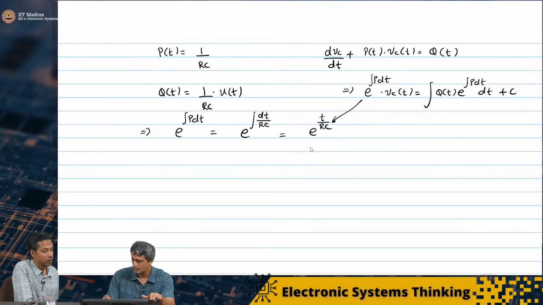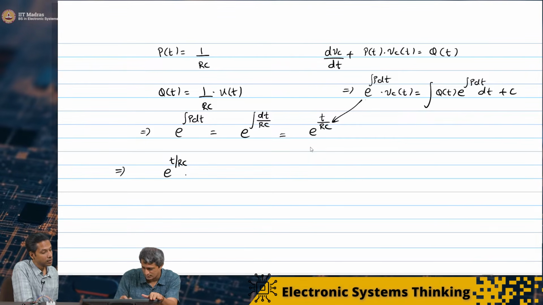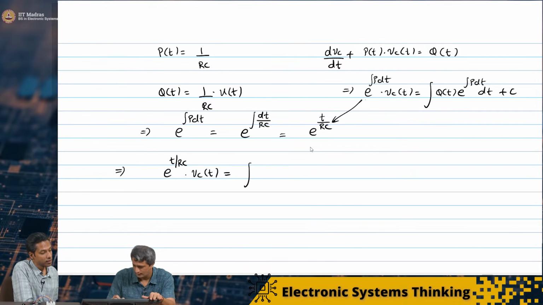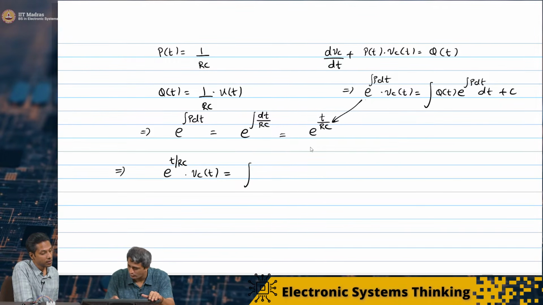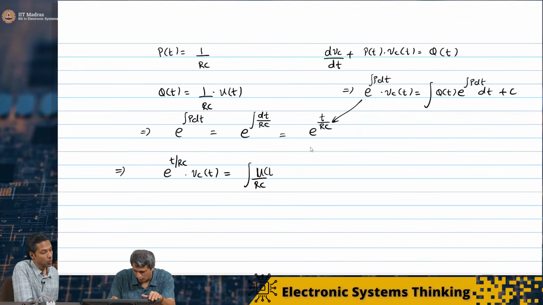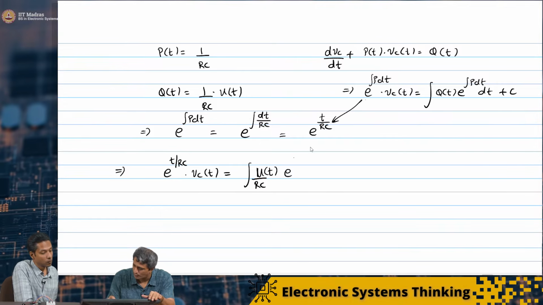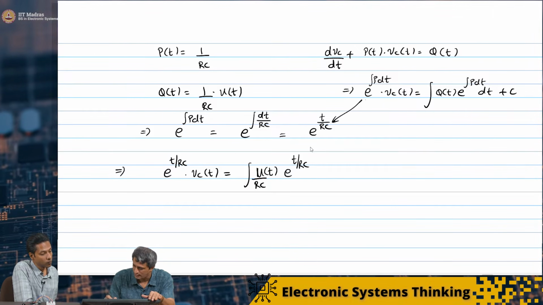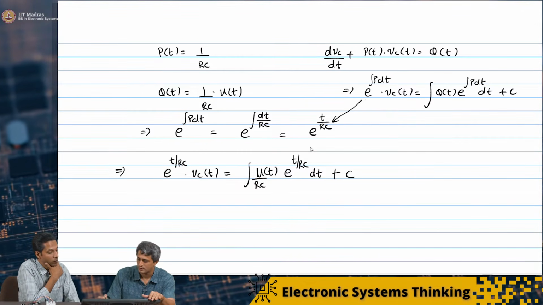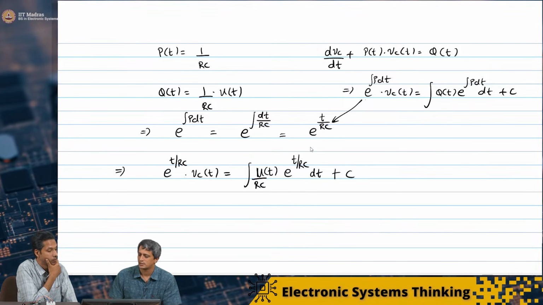This implies e power t by RC into Vc of t equals integral q of t, which for us is 1 by RC into u of t, into e power t by RC dt, plus a constant. So this is what we have.